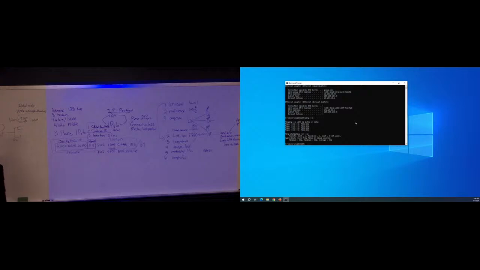Okay, what are the different ways that a device can get an IPv6 address? There's 4 different ways. Let's see, what are the 4 different ways? SLAAC. And what is SLAAC?